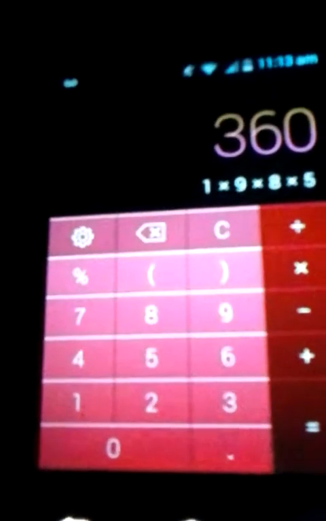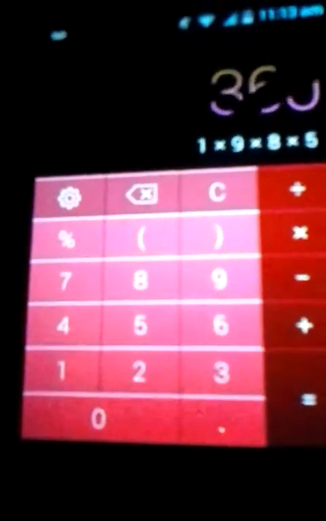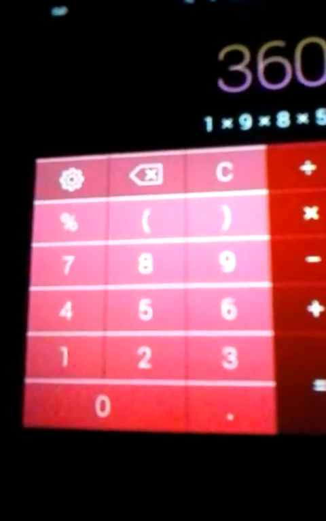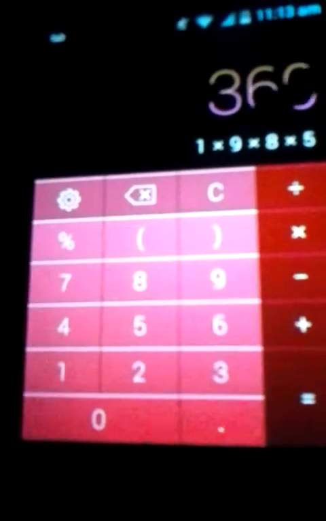Starting with 1 times 9, all the years Jesus started his ministry, clearly, you see the 360. Same connection with the word holy. Same connection with the seconds in the day, the seconds in the hour, or the hours in the day.